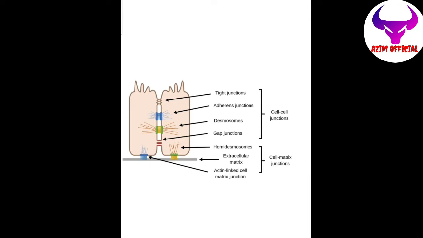Now a comparison between the intercellular communications, if we compare the gap junctions and the synaptic junction. Do you know what the synaptic junction is? Synapsis. The junction between two neurons. Exactly, junction between the two neurons or neuron to muscles.